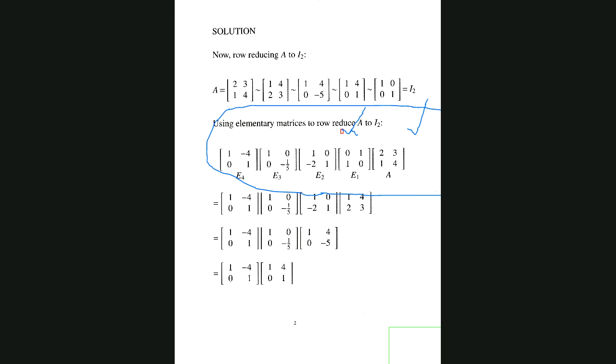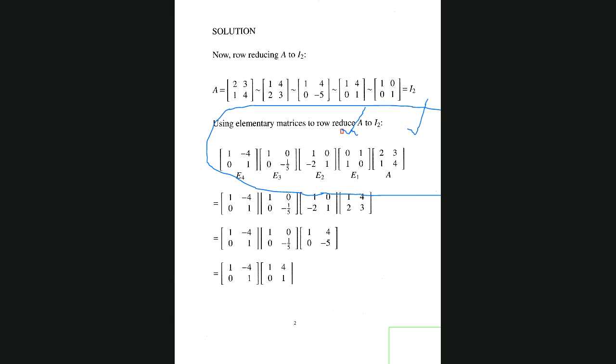And how did I come up with the elementary 2 matrix? Well, I took the identity matrix, multiplied the first row by negative 2, and added it to the second row, and replaced the second row by that result. That's how I came up with it.